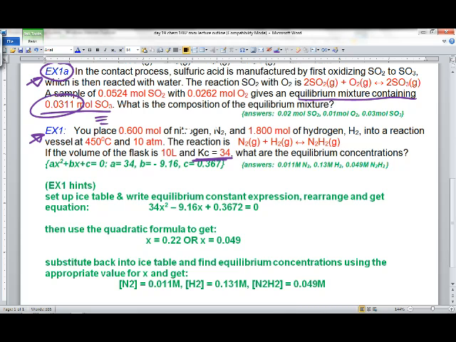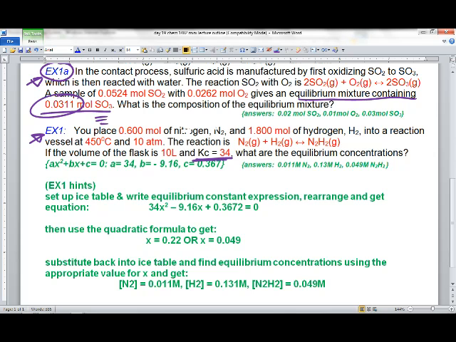But realize, it's Kc. All those K expressions are written in terms of not moles, but moles per liter, big M. So when you do that ice table, I think it's a lot easier not to just put moles in there, but to put in the moles over liters. Put in big M units in that ice table. Oh, you're going to forget.